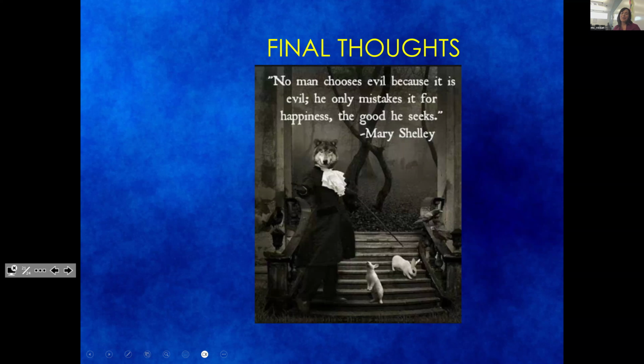So the final thoughts here: no man chooses evil because it is evil. He only mistakes it for happiness, the good he seeks. And I think about that when they're trying to use the technology so badly. The technology can be used really, really well, but there are so many caveats to that because there's so much abuse.